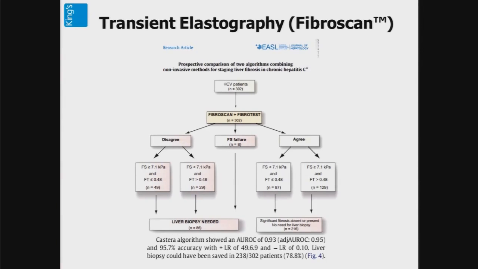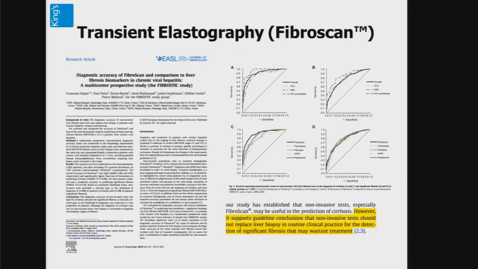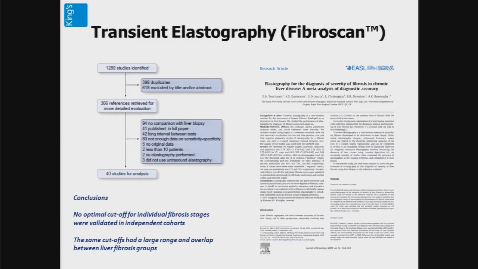If those tests disagree, you still go on to do biopsy. However, the recommendations still state that even if you have concordance with your imaging, you do not abandon liver biopsy completely. So it doesn't stop liver biopsy, but it certainly reduces it by a great deal.